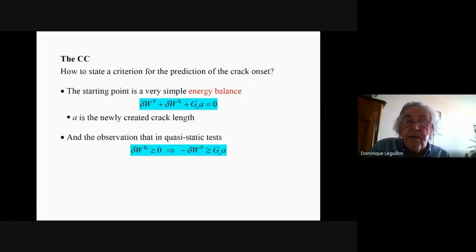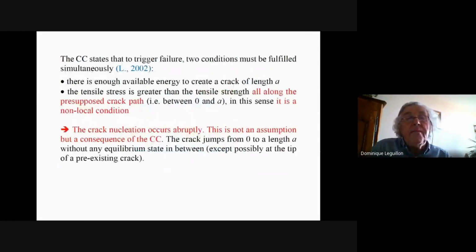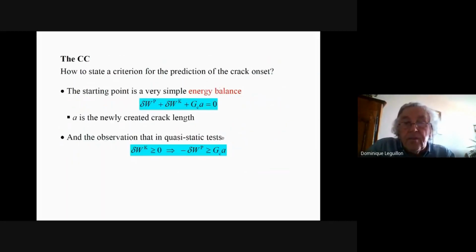the coupled criterion. But you know here that there is an unknown. A is unknown. It is the crack length. Okay? And finally, the coupled criterion states that first, there should be enough energy to create a crack. This is this condition.